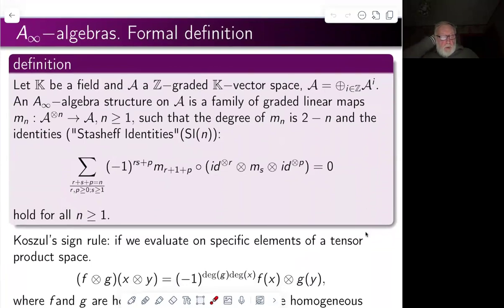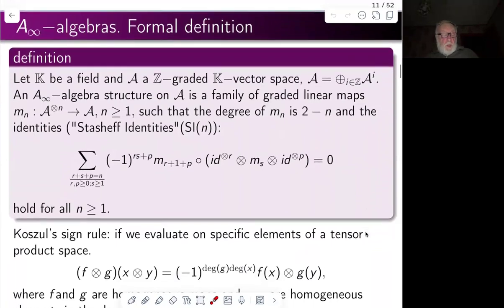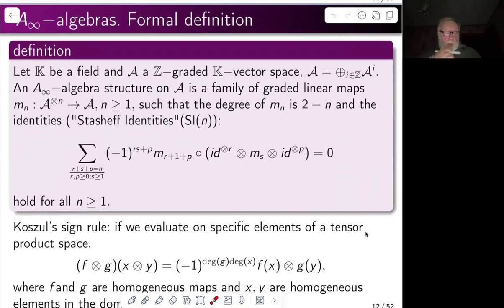Now, I remind the main hero of this talk, the so-called homotopy associative algebras, or A-infinity algebras. I start with the formal definition, and then I will try to explain informally what it means.